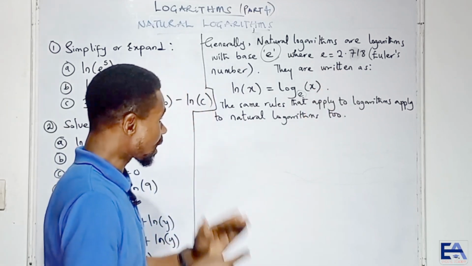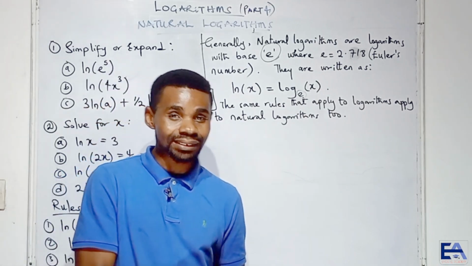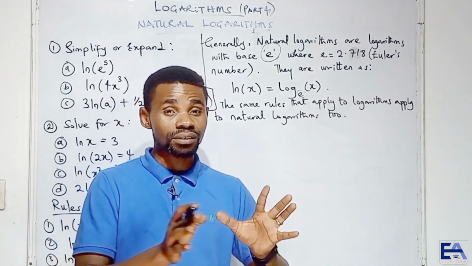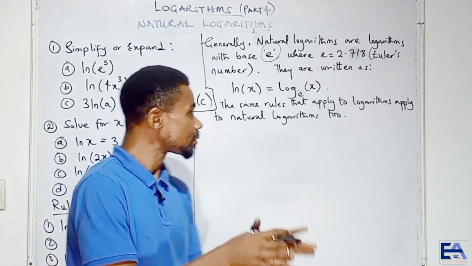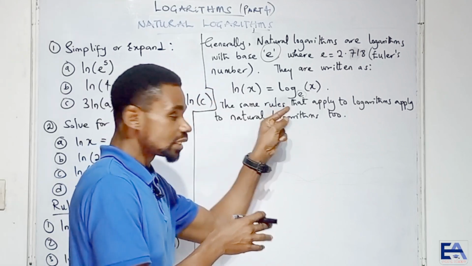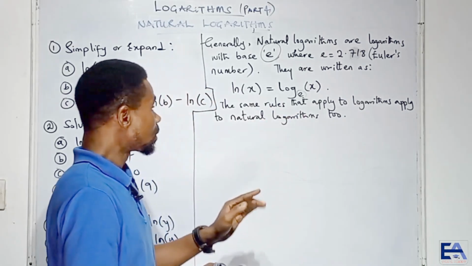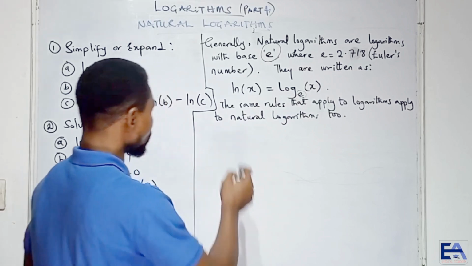Unlike having base 10, base 2, base 5, or base whatever, like all the other ones we've been dealing with, in this case we are dealing with base e, where e is Euler's number. The logarithm with base e has a special notation called ln.